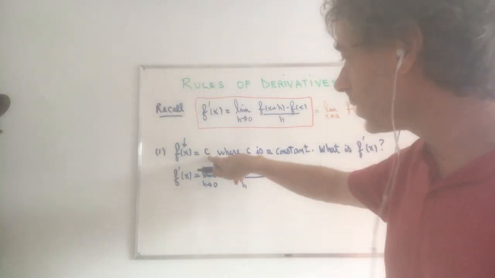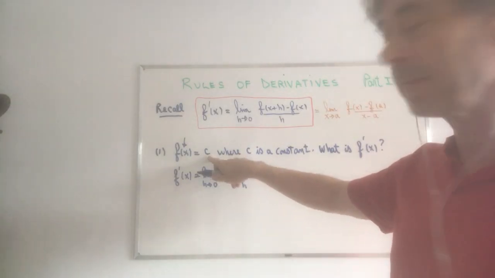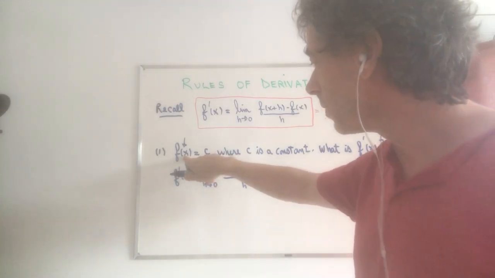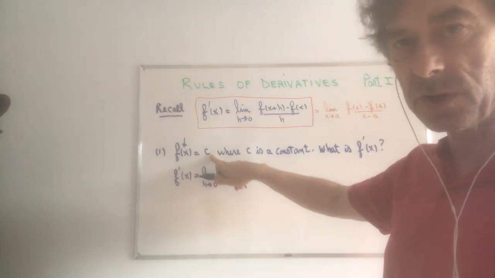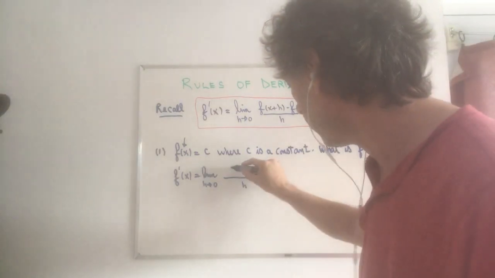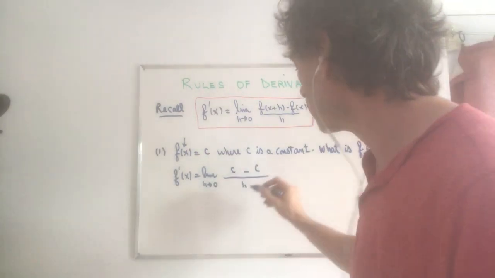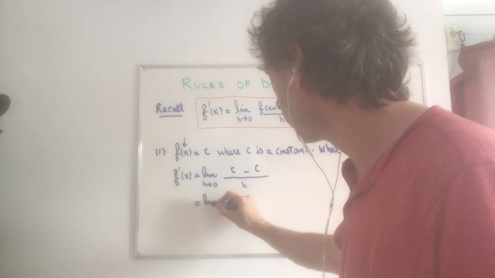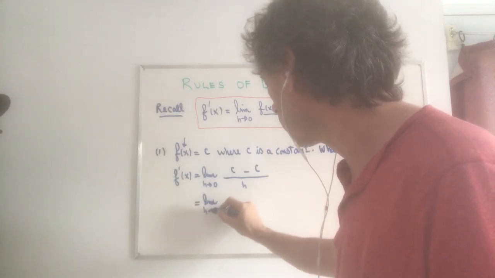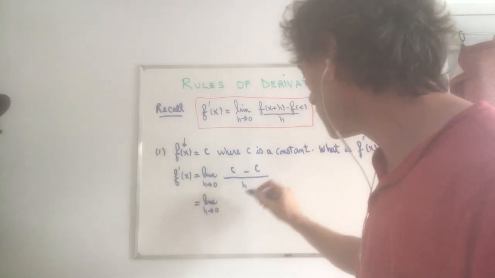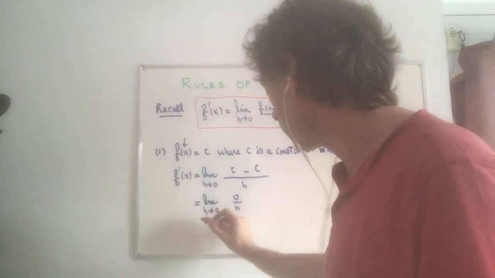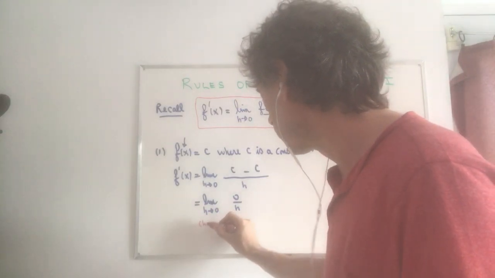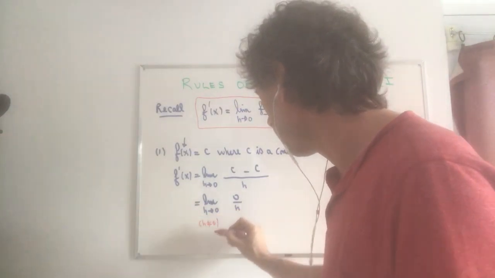But what will this change to the other side? I mean, if I replace this x with x plus h, will I replace anything on the right-hand side that is different from what's already there? The answer is no. This actually happens to be simply the limit as h goes to 0 of c minus c, so 0 over h. Now, you remember that h approaching 0 also means h is not 0.